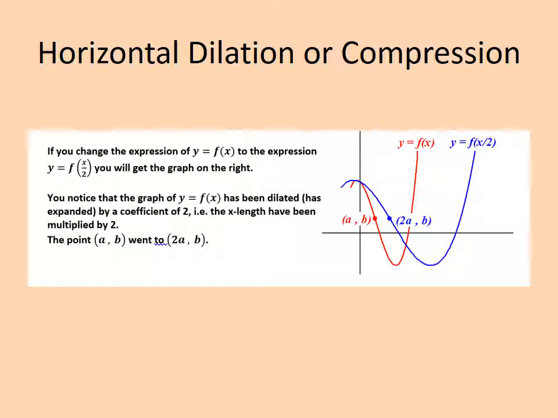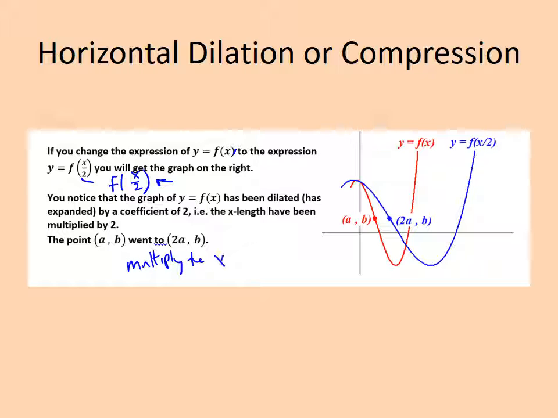Now, just like before, when we were dividing by 2 because it was a 2x, now inside we have f of x divided by 2. So, since it's divided by 2 on the inside, we're going to do the exact opposite operation. So instead of dividing by 2, we're going to multiply by 2.